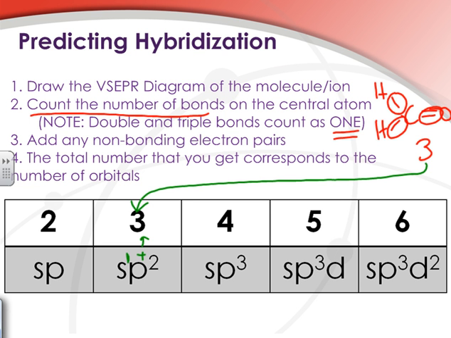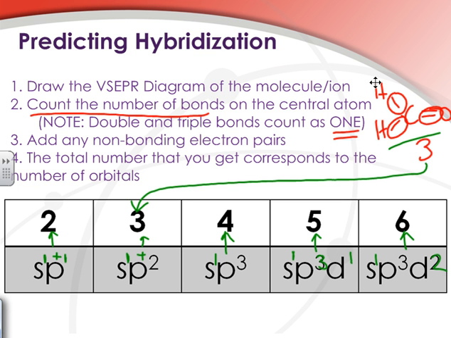If I only have 2 things bonded to my central atom, 1 s, 1 p, 1 plus 1 is 2. So if I count my number of bonds and the answer is 2, I have sp hybridized orbitals. If I have 4, it's sp3, 1 s plus 3 p's. If I have 5, it's sp3d, 1 s, 3 p's, and 1 d. And if I have 6, it's 1 s, 3 p's, and 2 d's.